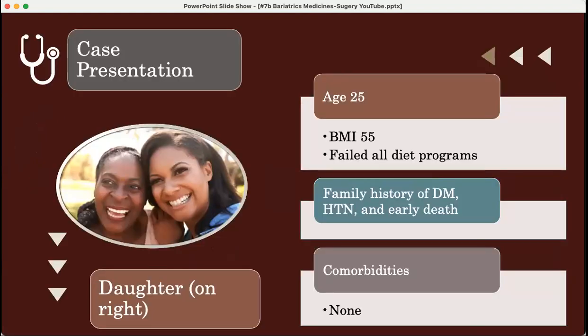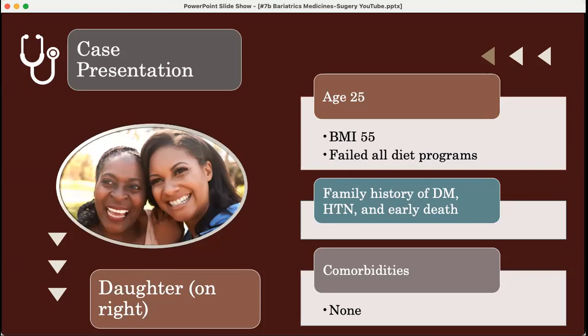Let's look at the daughter. This is the daughter on the right. And it's not the actual daughter, but it's a depiction of the daughter from mom. Now, she was 25. She had a BMI of 55. She was the one who initially wanted surgical treatment for her excess adipose tissue.